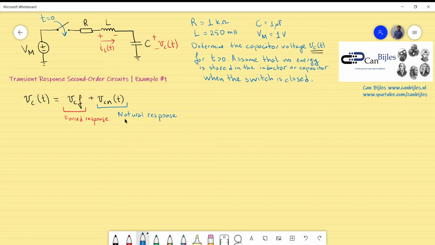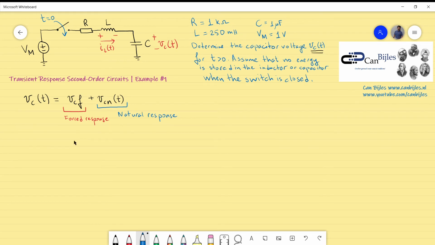So that's actually why it's called natural response. The next step is how do we determine the forced response and how do we determine the natural response. If you know both of them, you can add them and we know the answer.